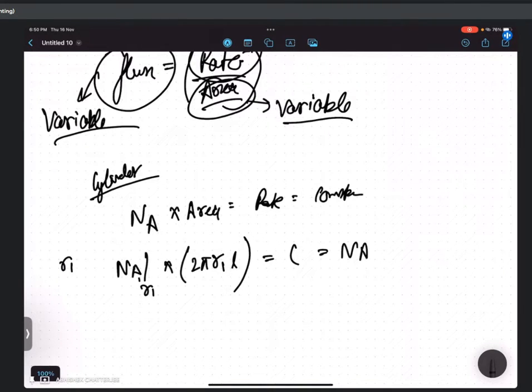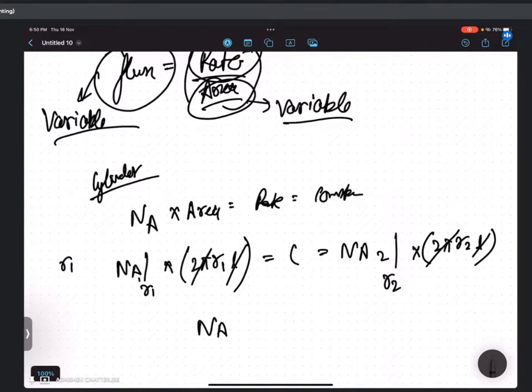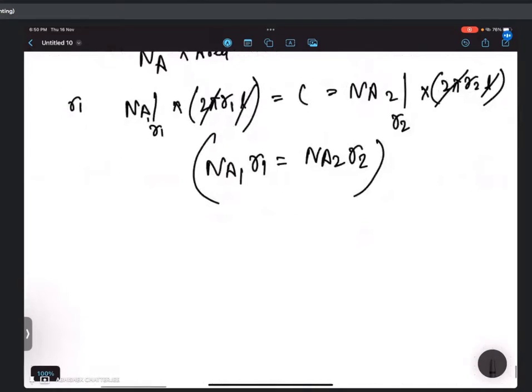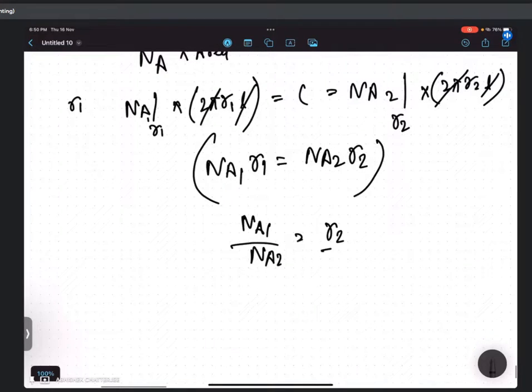So we can take it as Na2 at radius r2 and into 2 pi r2 l. The l is constant, length is constant. 2 pi and l will cancel out. From here you will get Na1 r1 equals Na2 r2. Clear? So Na1 by Na2 will be equal to R2 by R1 directly. This is for cylinder.